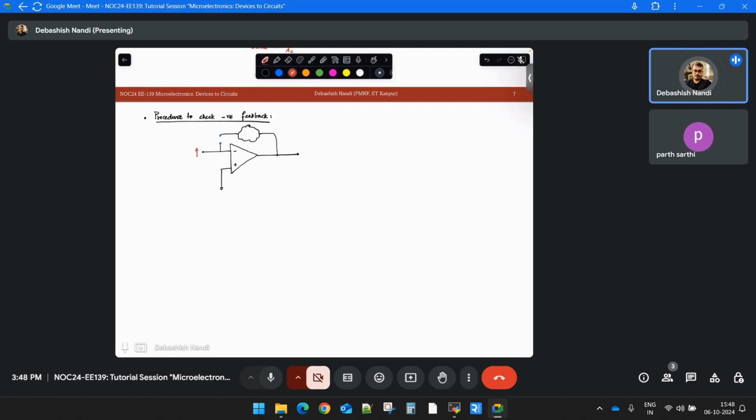Let's say you are increasing. Up arrow means you are increasing the potential, down arrow means decreasing the potential. So you are using the up arrow here. So this node voltage is increasing, right? Because it is directly connected. Now if this is increasing, what will be the value at the output point? Will it increase or decrease?